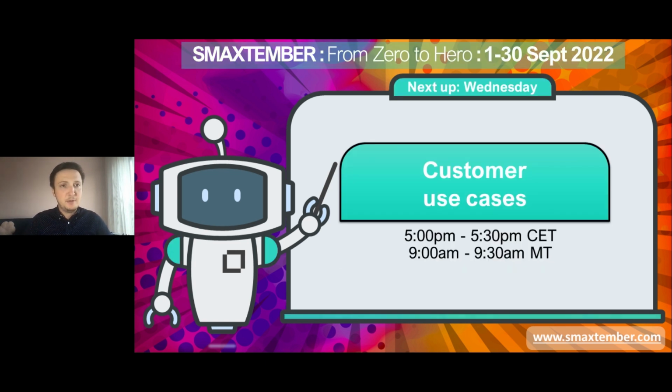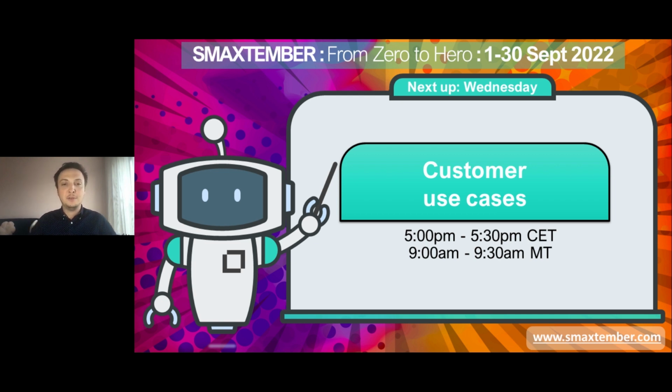Okay, next up, tomorrow on Wednesday, we will have a customer use case. It will be a customer talking, so please make sure that you book the session for tomorrow. We will also continue on Thursday with another session on automation.